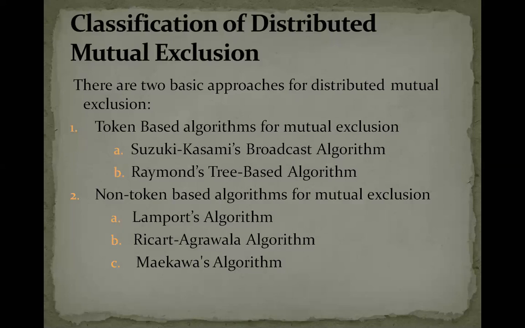In token based, we have two algorithms: the Suzuki Kasami broadcast algorithm, and the Raymond tree based algorithm. In non-token based, we have Lamport's algorithm, the Ricart Agrawala algorithm, and Maekawa's algorithm.